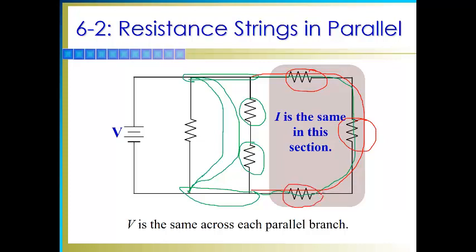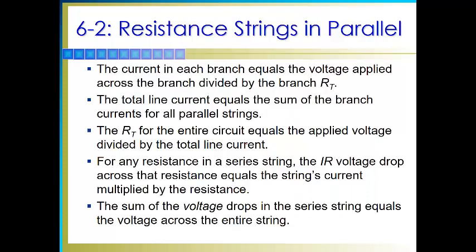So this series connection can be reduced to one single resistor, which will be the sum of all three resistors, okay? Because they're connected in series, we can just add them all up. And then we can reduce this circuit to three single branches with a connection that is in parallel, all right?